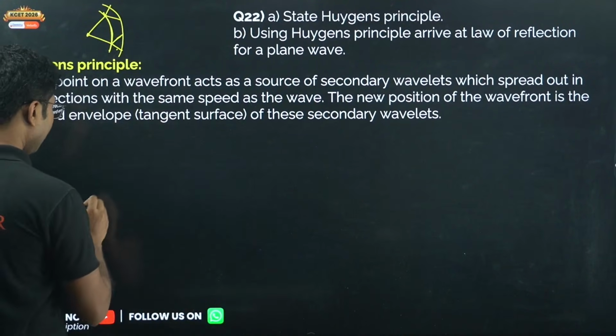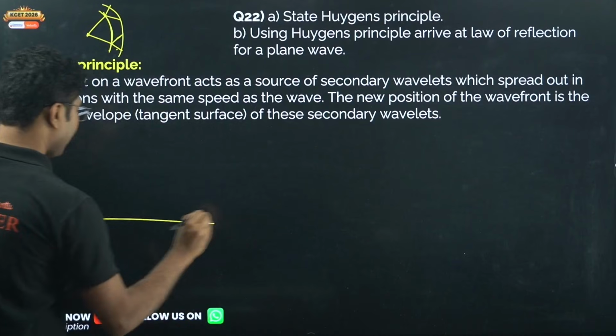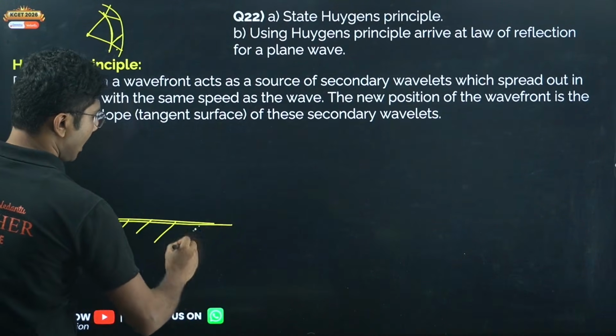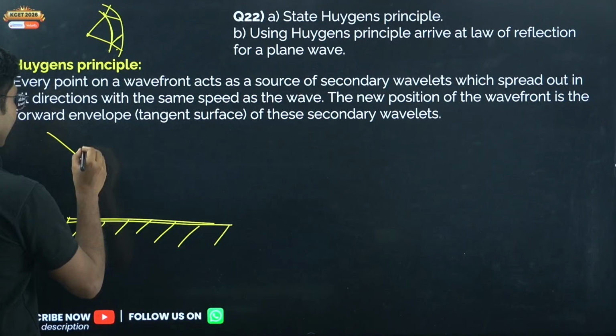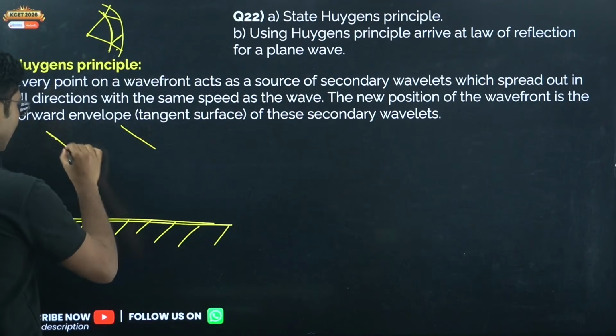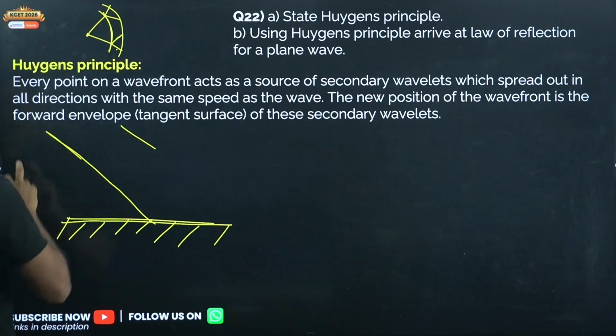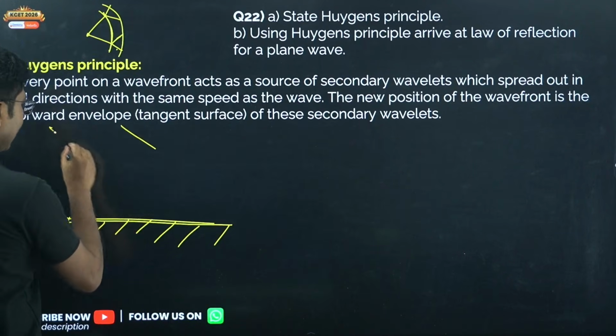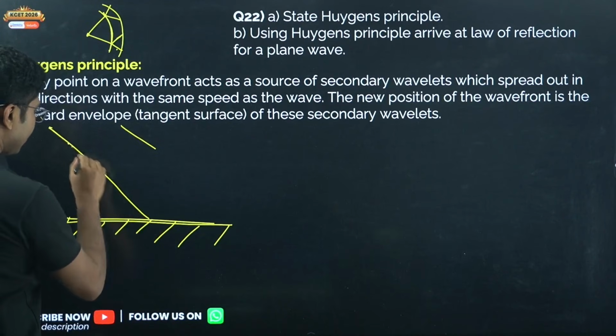So here the diagram is very, very important. We have a mirror and two parallel rays started at some distance. They had the same phase, but after some time some path difference develops, and this ray reached the surface faster.